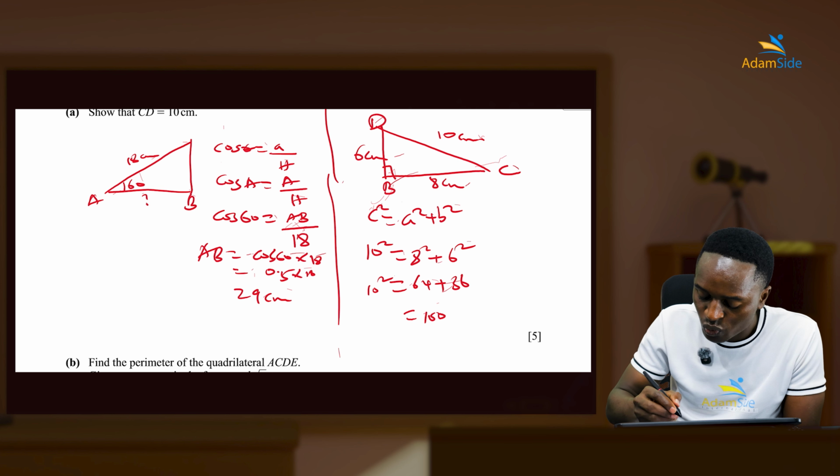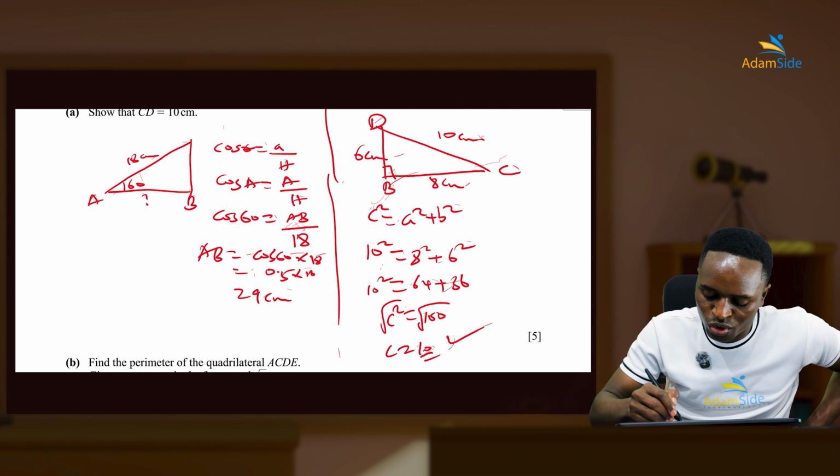And remember, if it is c squared, find the square root. c is equal to 10. This is how you prove.